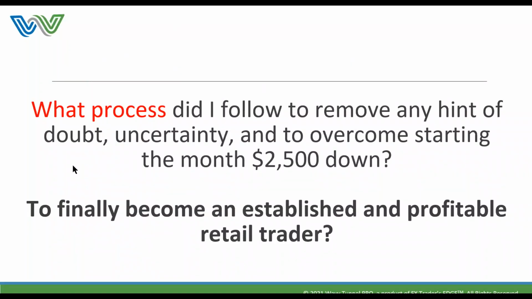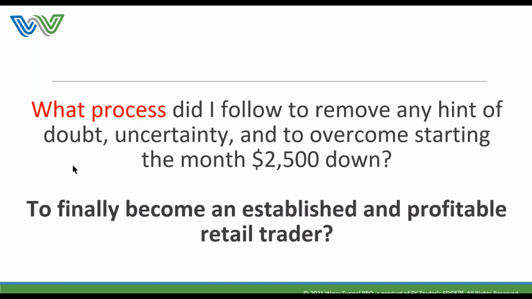What process did I follow to remove any hint of doubt, uncertainty, and to overcome starting the month $2,500 down to finally become an established, profitable retail trader? Yes, that's right. When I first started, after I left the bank, I worked for a global investment bank on Wall Street. That was my start for 14 years in Forex. So I traded currencies.